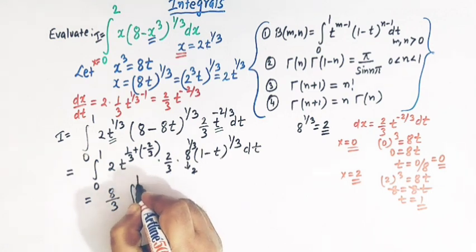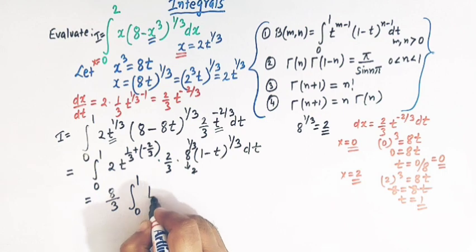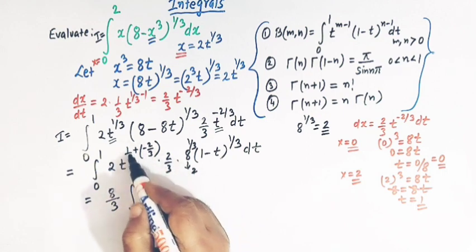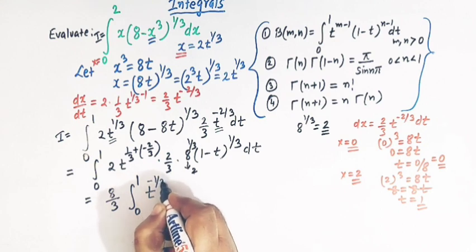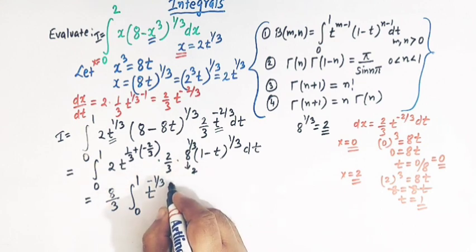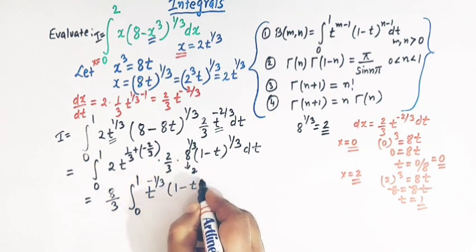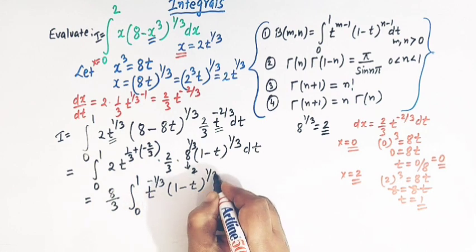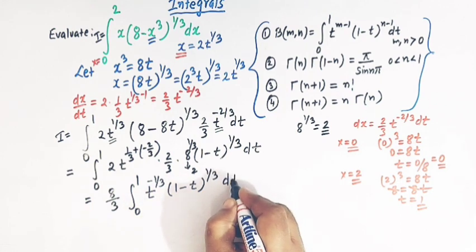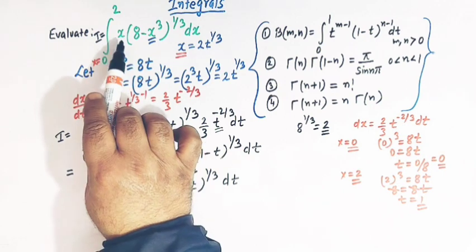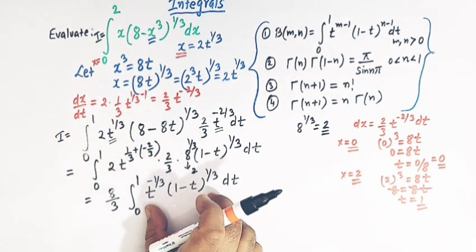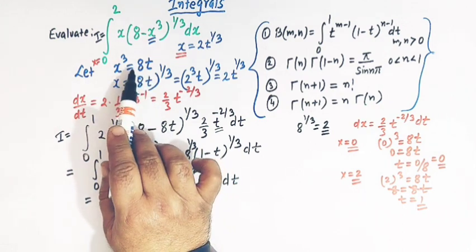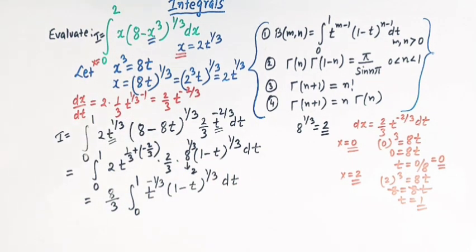We have 0 to 1, then we have t raised to 1 by 3 minus 2 by 3, which is minus 1 over 3, and then we have (1 minus t) raised to 1 over 3, right? So finally, this integral is reduced to this integral by making this substitution.